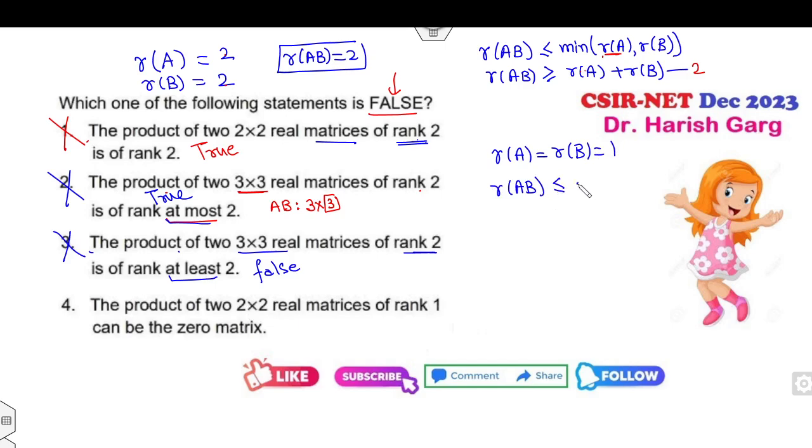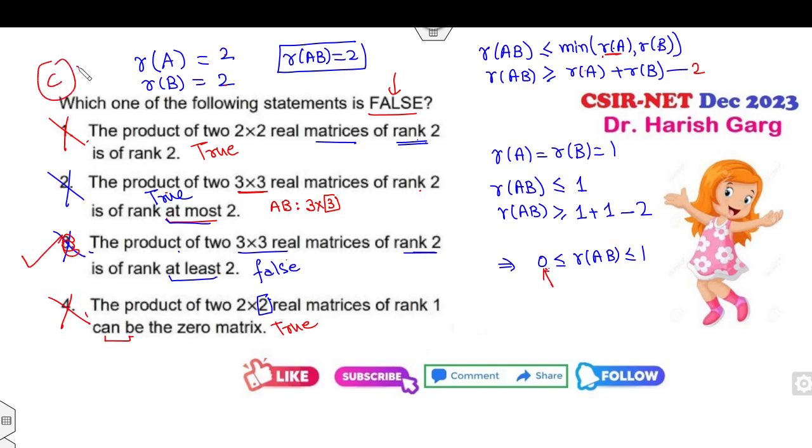It is less than or equal to the minimum of these, and it is greater than or equal to 1 plus 1 minus the number of column vectors. So what will happen is 0 is less than or equal to rank of AB is less than or equal to 1. So it can be the zero matrix. Yes, it can be the zero matrix. So the first is a true statement, this is a false statement, so only C is my right answer of this problem.